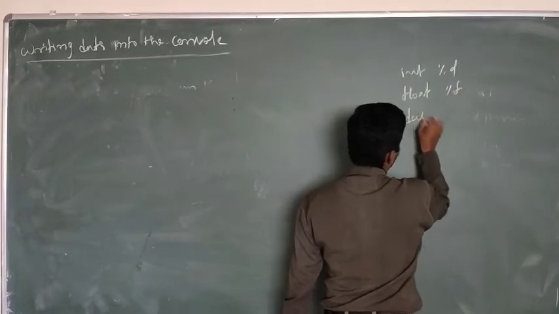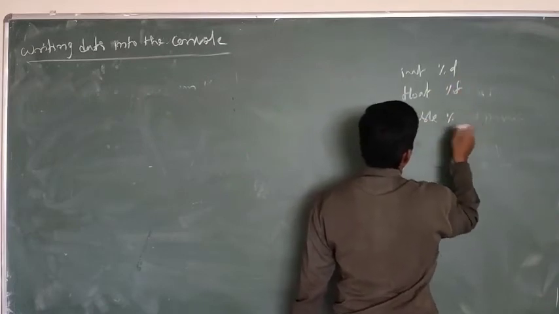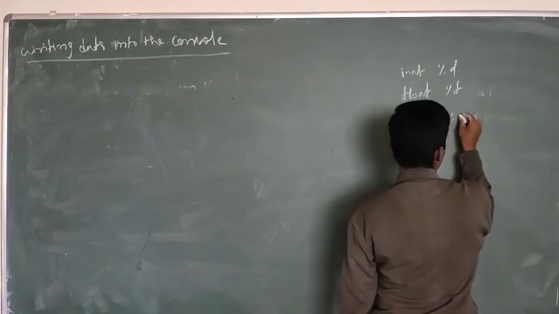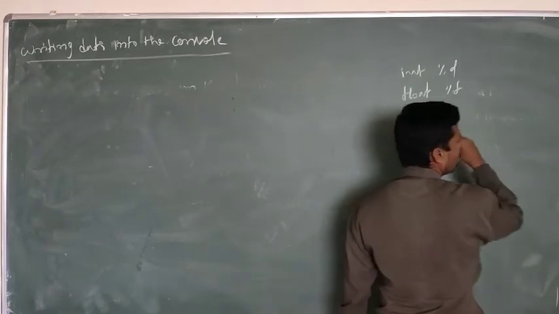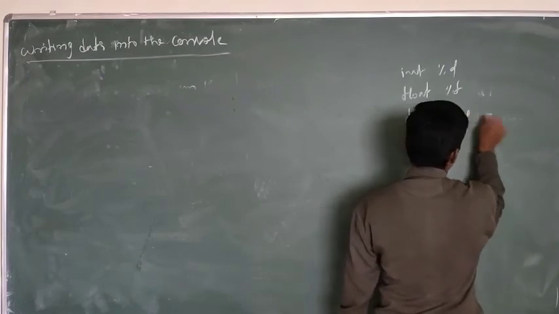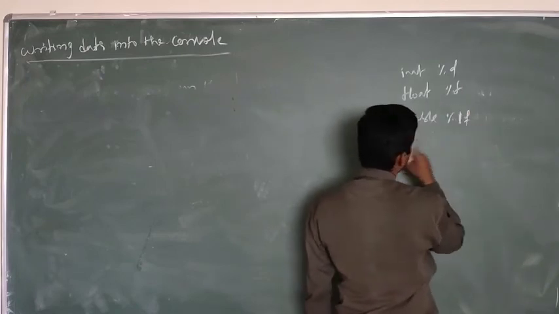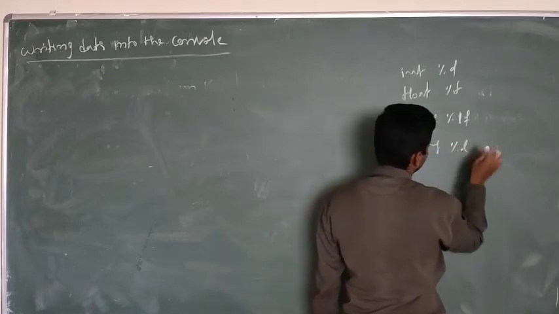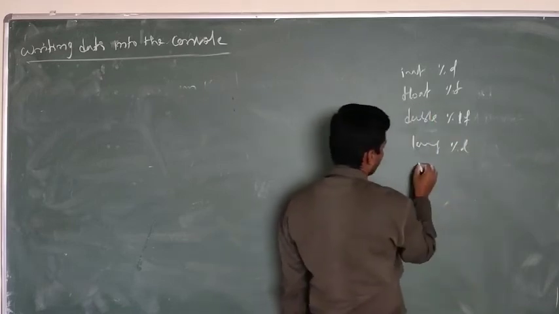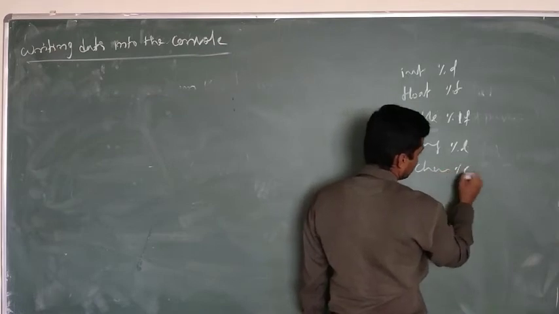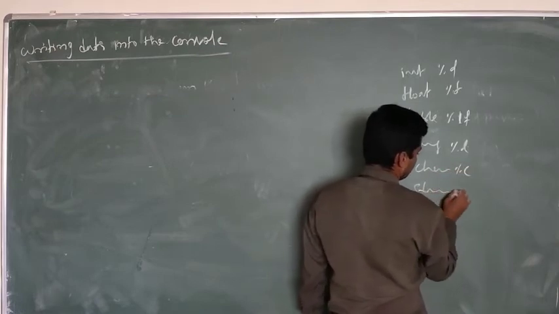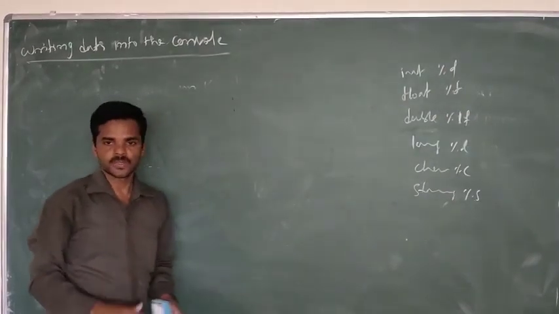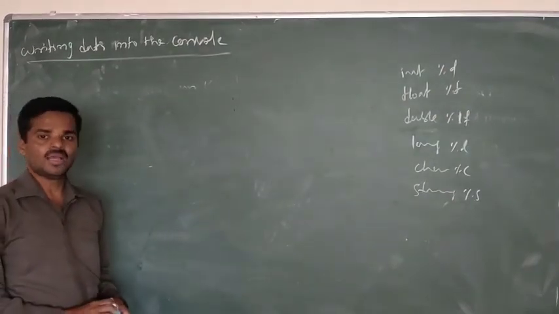For double, %lf. For long, %l. For character, %c. For string, %s. Like that, you know the format specifiers for particular data types in other languages.